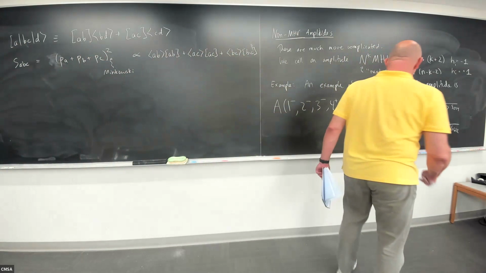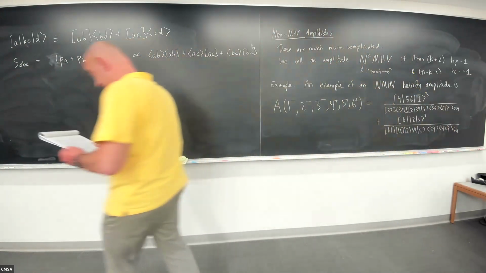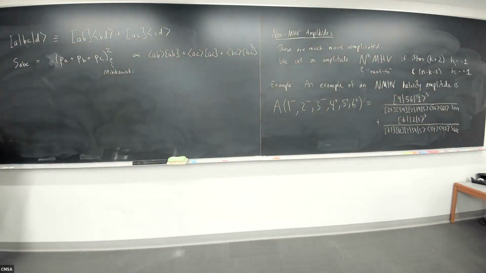And actually, this is a great opportunity for me to mention something very important. If you look back at these formulas, okay, good. So this is an aside that I should have mentioned earlier.